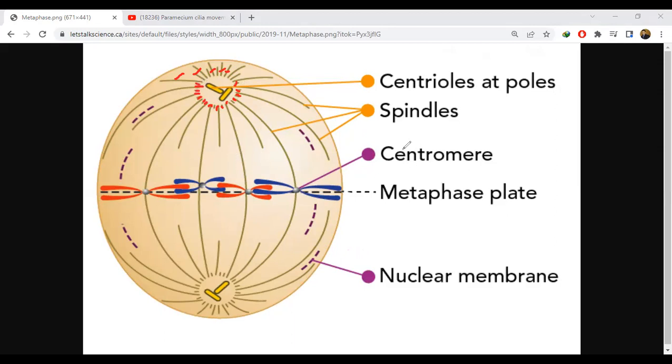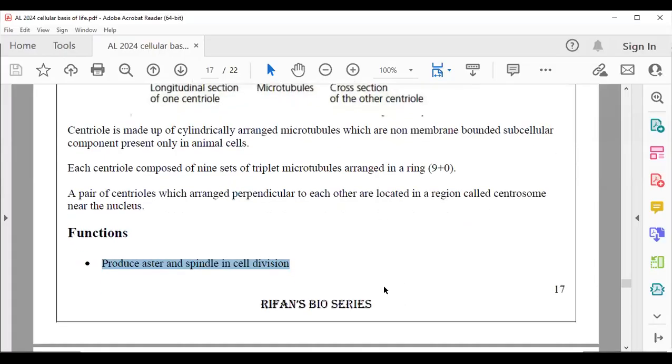The long growing ones are called spindles. Spindles are made of microtubules, and asters are also made of microtubules. They are involved in cell division, mainly in animal cells.